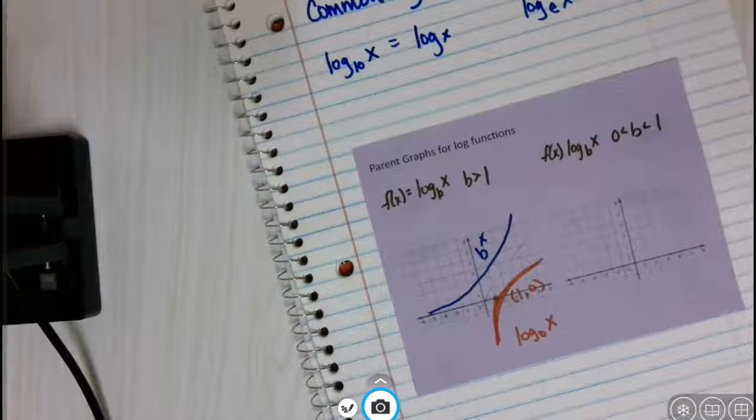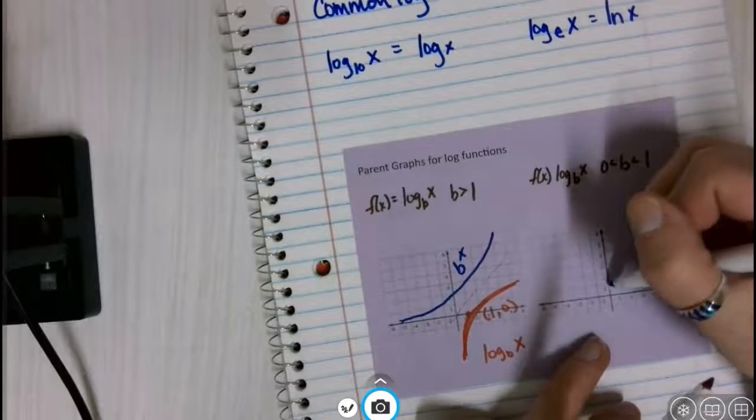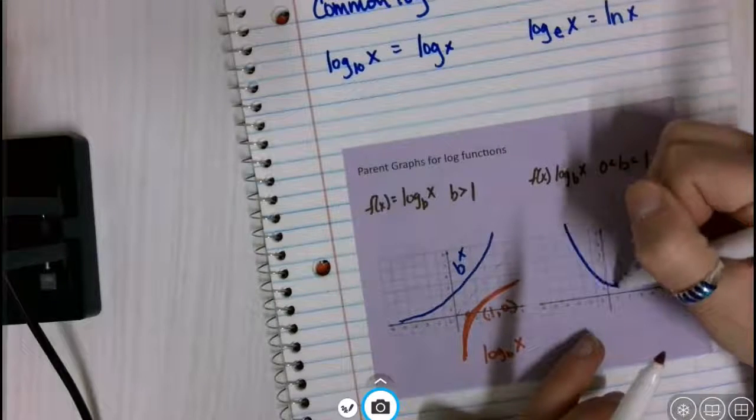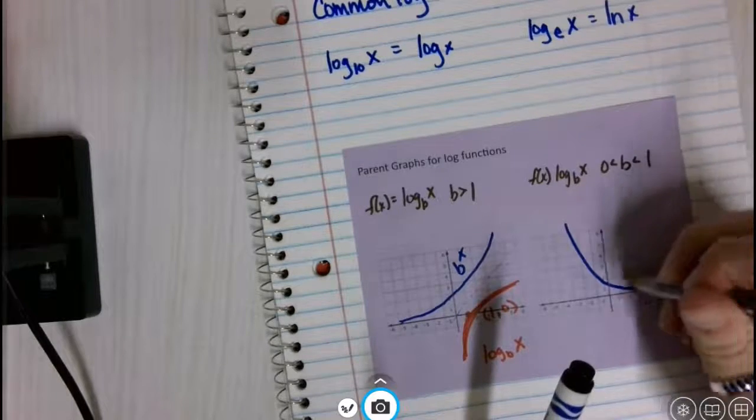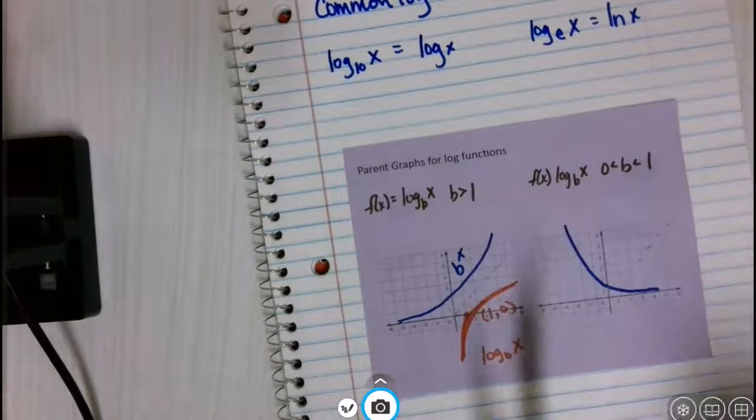Now let's look at when b is a fraction, so when b is between 0 and 1. When we talked about our exponential functions, we had that same thing. We had our exponential decay, which looked like this. Again, we're dealing with inverse functions, which are reflections over the line y equals x.